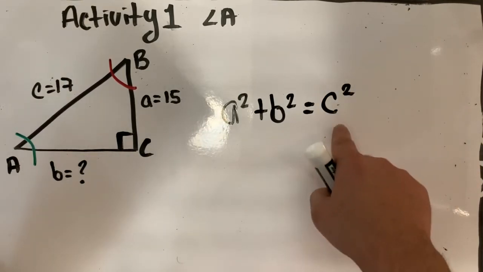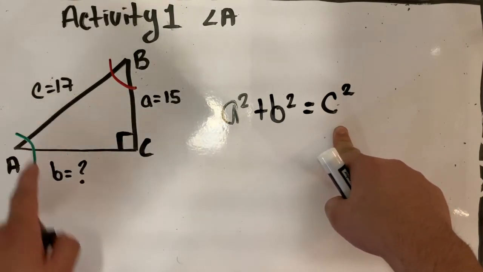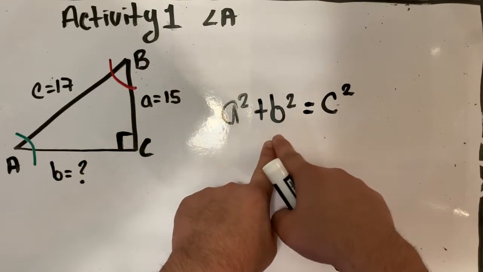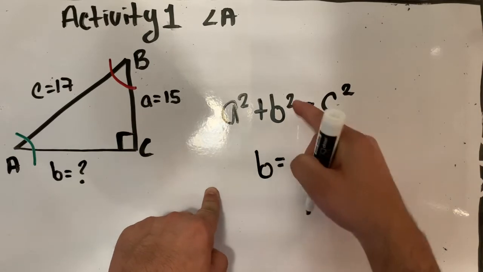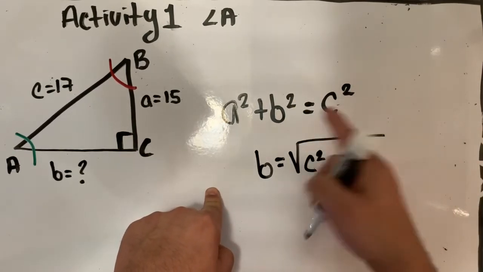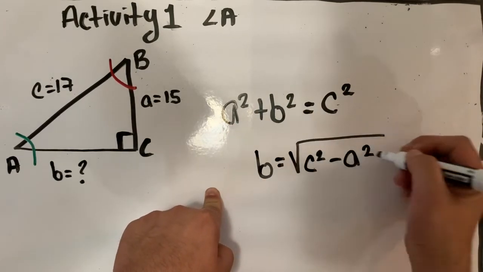I already know the measure of c, that is equal to 17. However, I don't know the measure of b, so I have to solve this equation in order to find the value of b. B is equal to the square root of c squared, minus a squared. This is positive, it comes to this side as negative, minus a squared.